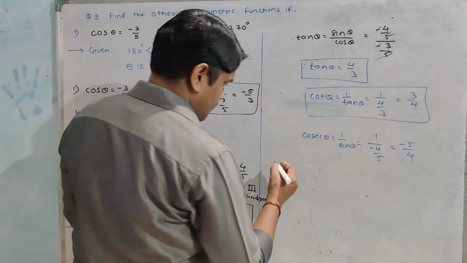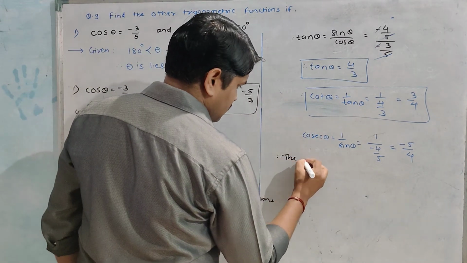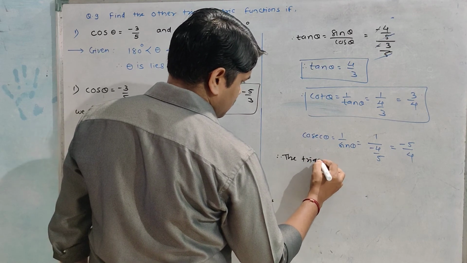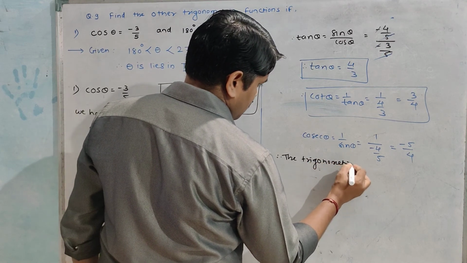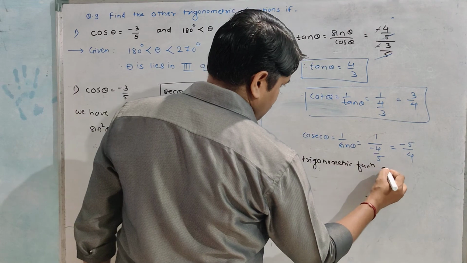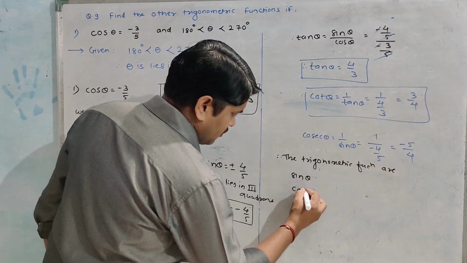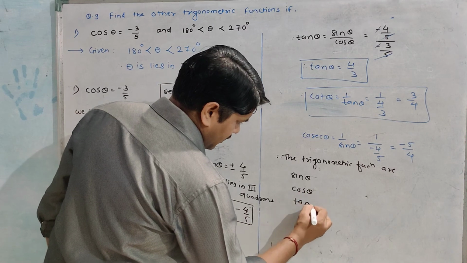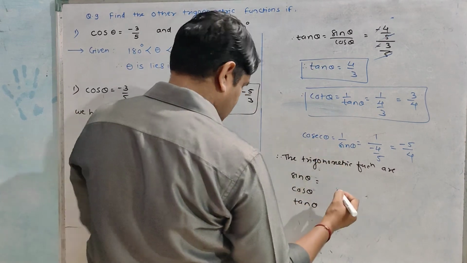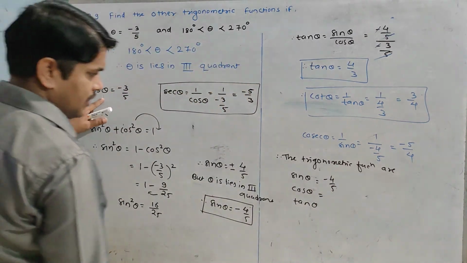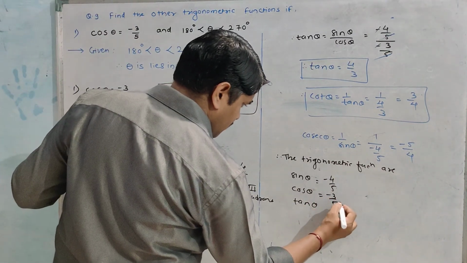So finally, therefore, the trigonometric functions are: first sin theta, then cos theta, tan theta. Sin theta is how much? It is minus 4 upon 5. Cos theta is already given, minus 3 upon 5.